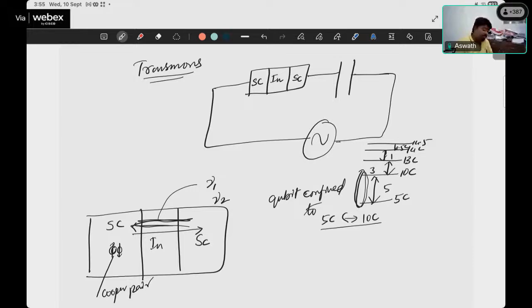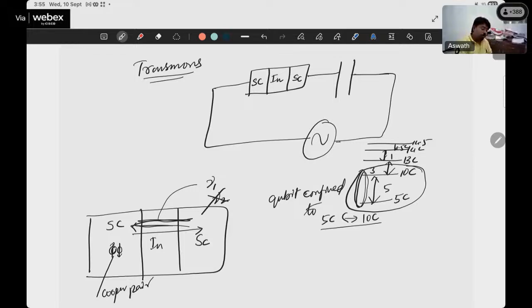These frequencies add up to the capacitor and create some kind of voltage oscillations in such a way the capacitance exists in multiple states like 5 coulomb, 10 coulomb, and 3 coulomb. Somehow I confine the superconductor to have only one frequency. In that way, I can realize only a qubit between 5 coulomb to 10 coulomb.